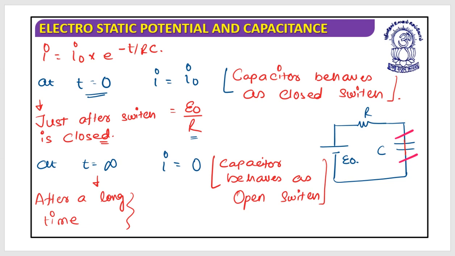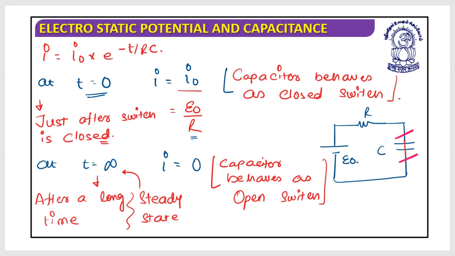Even one more option, they say at steady state. This all means that we need to consider this at t = infinity. I hope those things are clear. Is it clear?